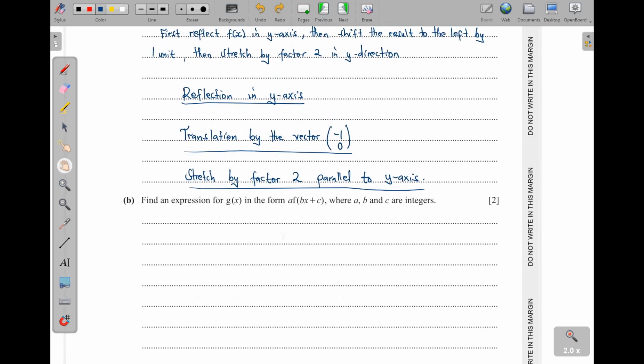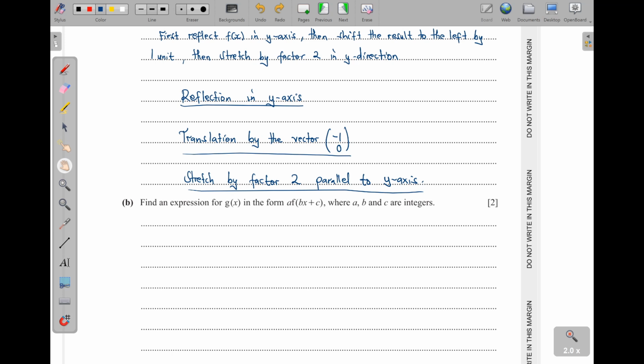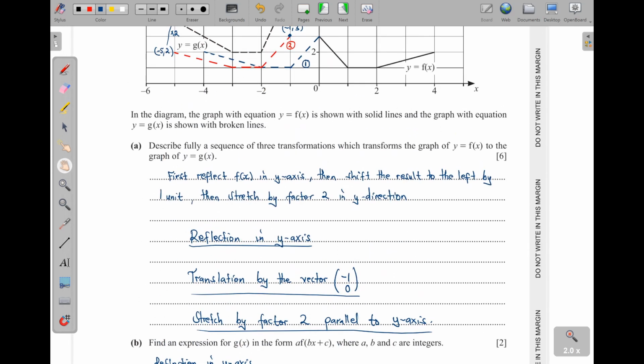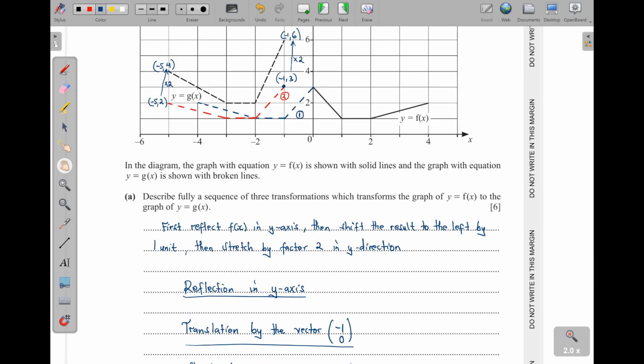Of course, now for reflection in y-axis, if I have a point that I'm reflecting in y-axis, if I have a point here and I reflect it in y-axis, the x-coordinate is going to change.